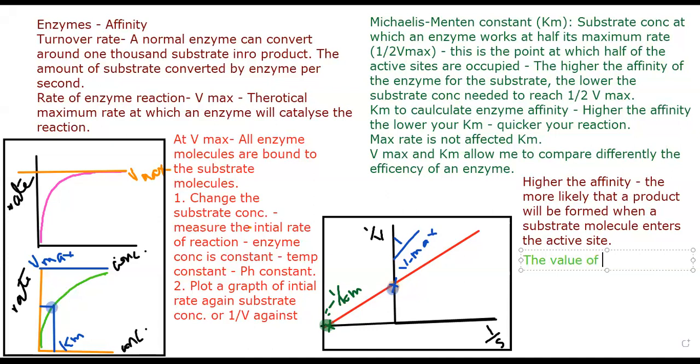Remember this. The value of Km for a particular enzyme can vary depending upon a few factors, right? What does it depend upon? What factors? So some of the factors that we can talk about are substrate concentration, right?